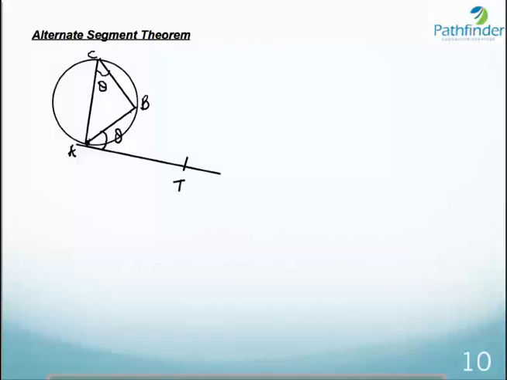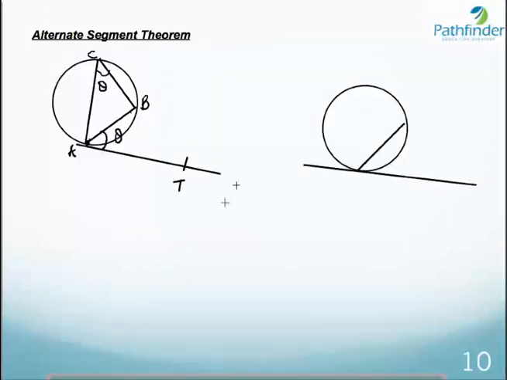Let us take another look for the same chord. Suppose we have the same chord AB and say it makes an angle alpha with the tangent AT in the major segment. So the chord will subtend an angle alpha in the other segment or in the alternate segment.